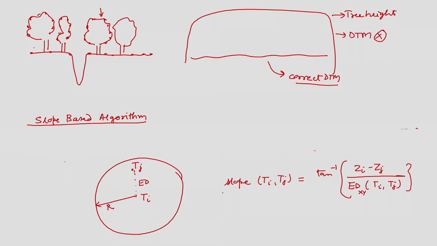So, this is the slope between the two 3D points, and remember this distance is the Euclidean distance on the 2D plane xy only. So, I am determining the slope. Moreover, if I consider slope like this, all the slopes are negative, so let us put Zj minus Zi. So, if I consider positive slope like this, now this is the algorithm which is called the slope based algorithm.